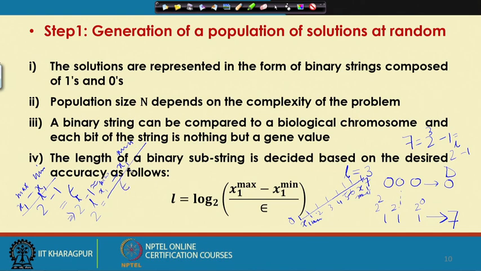Now, if I take log base 2 on both sides, I will get this expression: L is nothing but log base 2 of (x1 maximum minus x1 minimum) divided by epsilon. So, using this formula, I can find out how many bits are to be used to represent a particular real variable in order to ensure some pre-specified accuracy level.